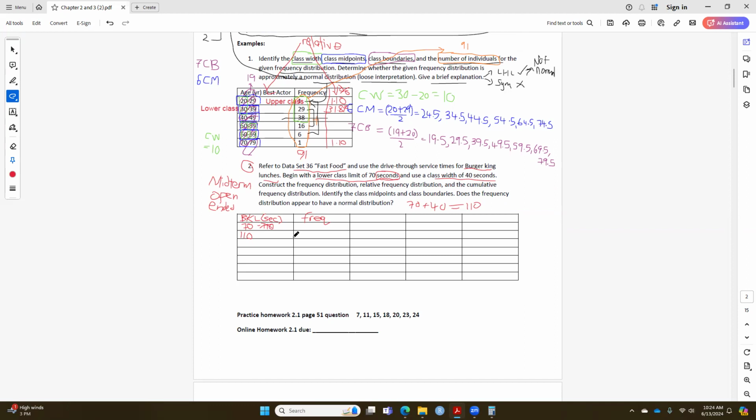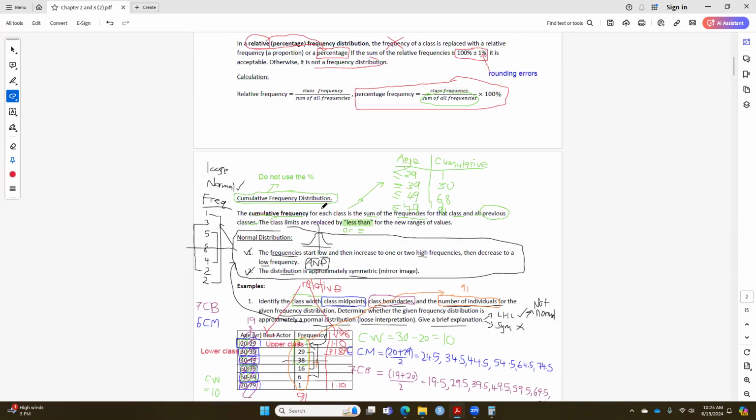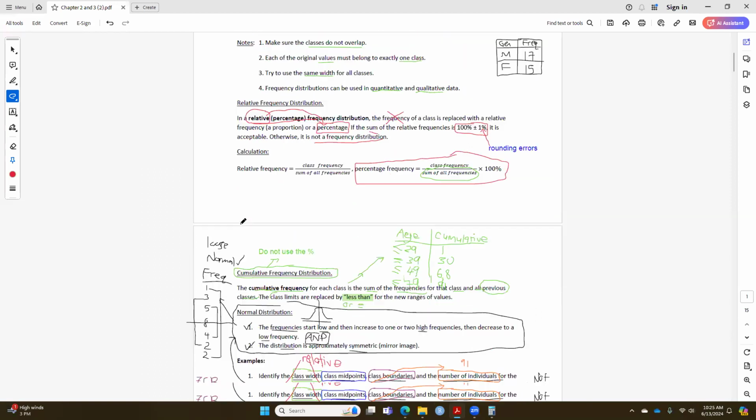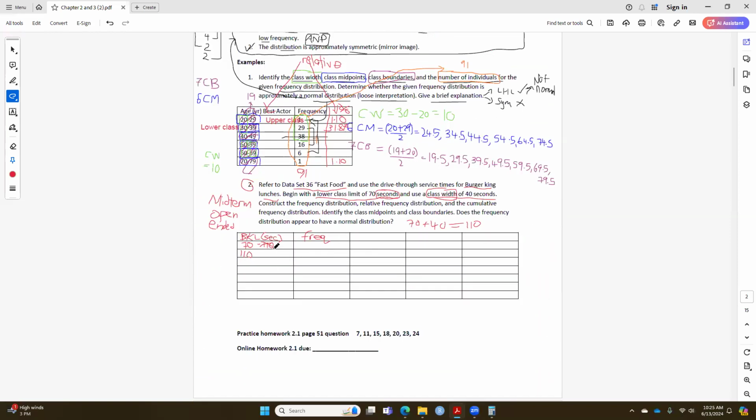And why is it wrong? Do you guys still remember the definition of class width? Here is the definition. Class width is the difference between two consecutive lower class limits. So if you put 110 here, this will have to be 111, right?